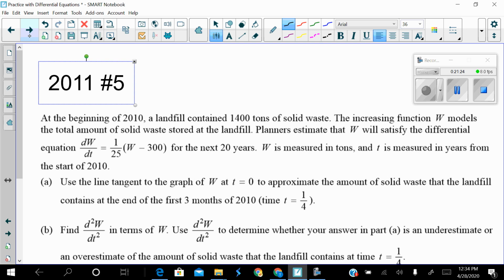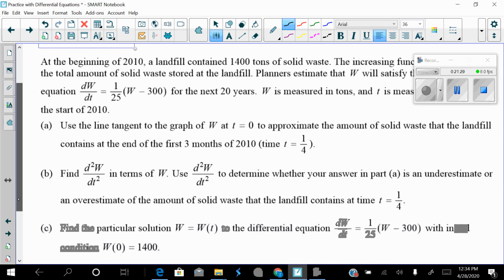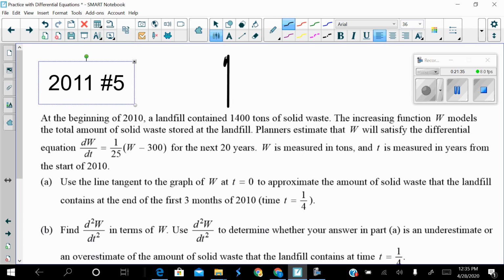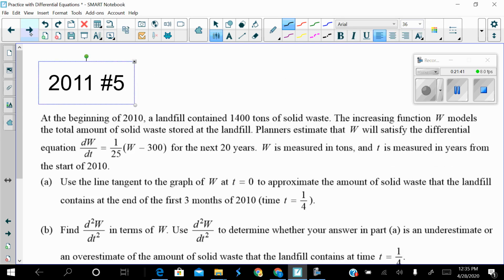2011, number 5. At the beginning of 2010, a landfill contains 1,400 tons. That's the amount of landfill at time 0, so 2010 is time 0.